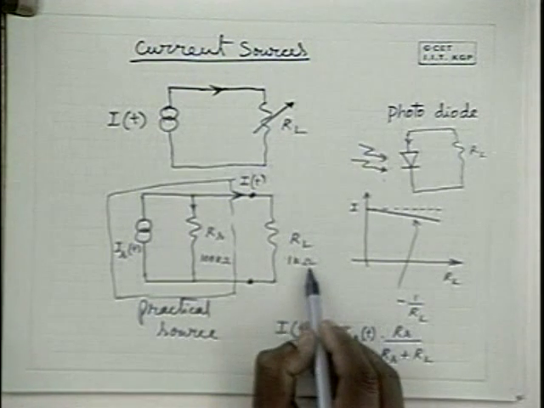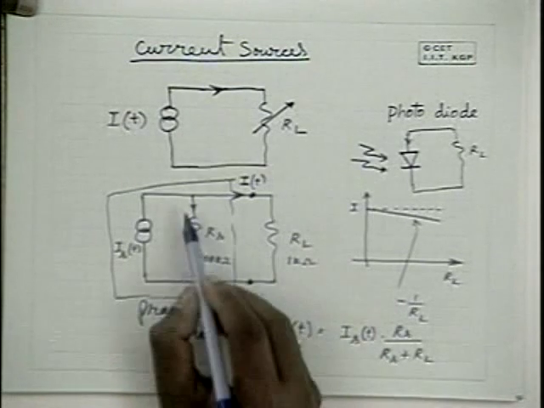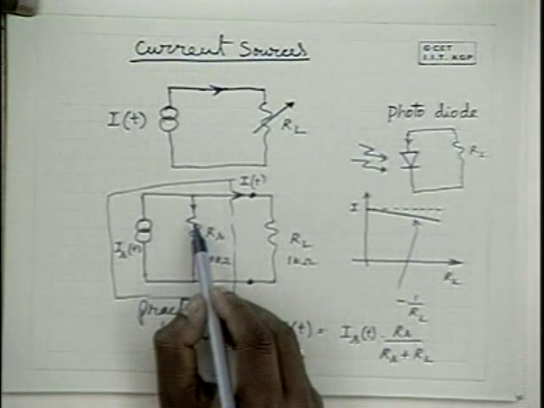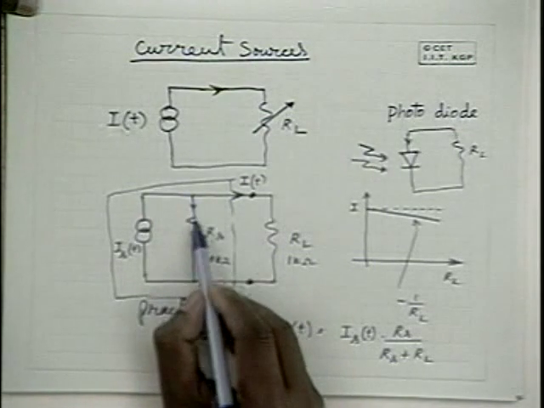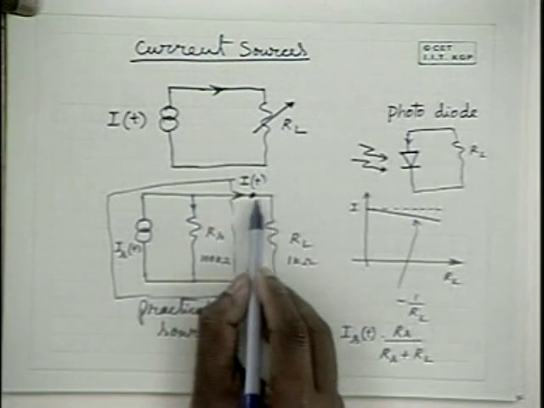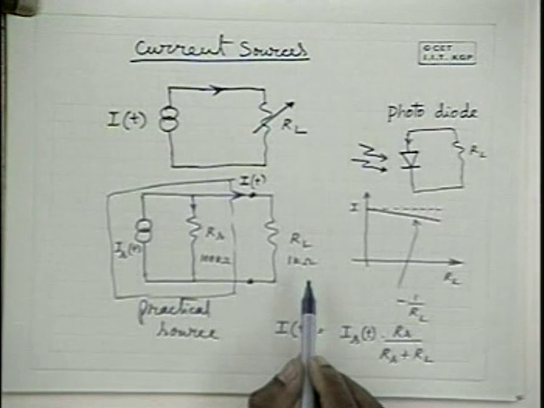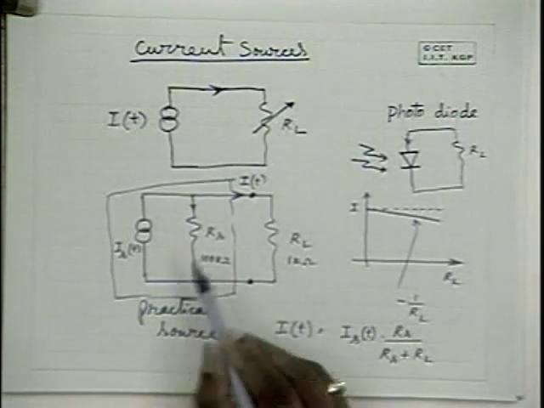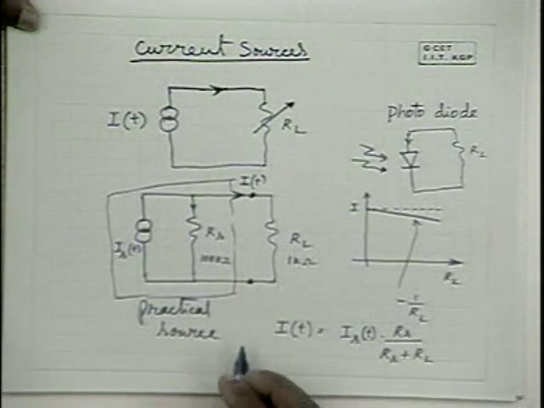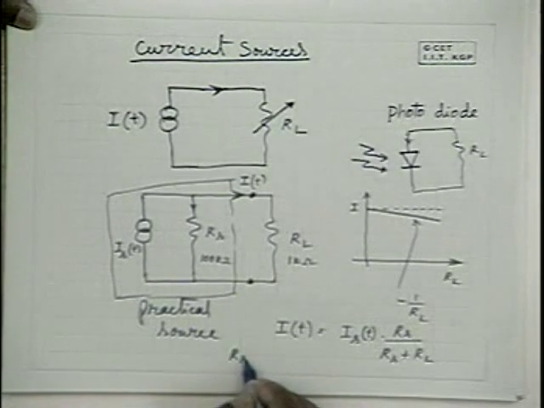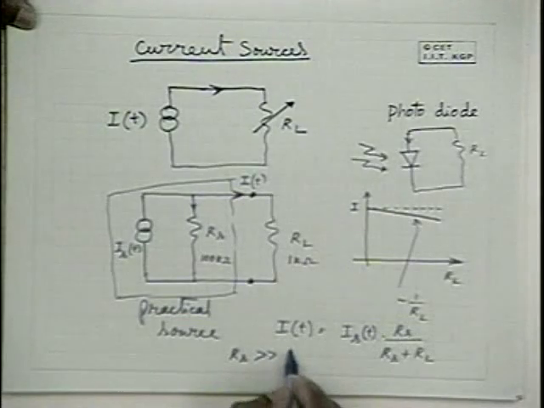Even if you make it 2 kilo ohms, this current won't change much. And when this current is not changing much, this current is also not changing much. Hence, it can be treated as a current source when RS is much larger than RL.